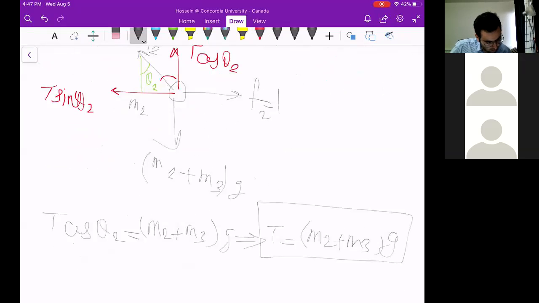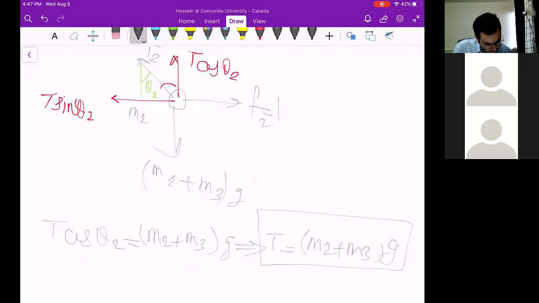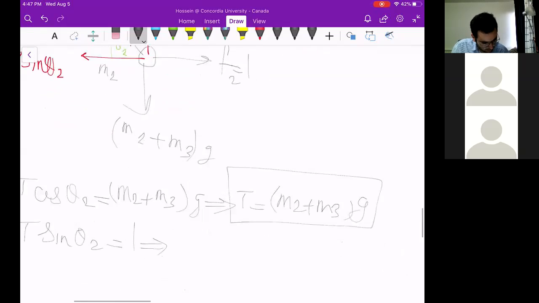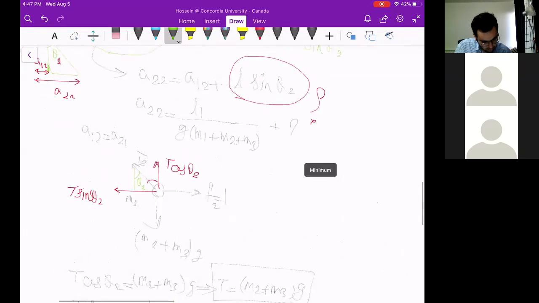On the other hand, T sine theta 2 is going to be 1. So as you mentioned, we have to isolate sine of theta 2, because we need sine of theta 2 to find A22.